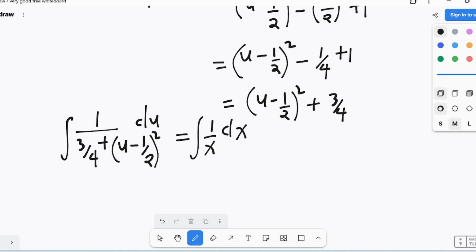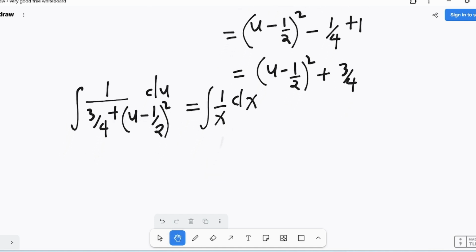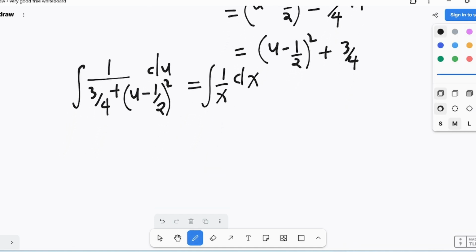Now we begin the integration. Integration on the right hand side is easy, but now we have to deal with the integration on the left hand side. So we use tan substitution. If you haven't watched my video about tan substitution, I'm going to link it in the description. You can go and watch it.